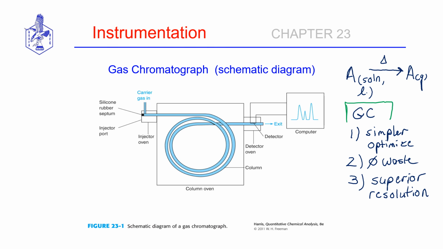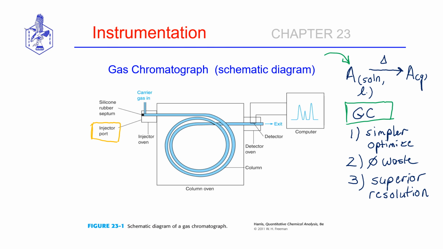All right, so fundamentally, once again, this process has to happen. We have to get our analyte species up into a gaseous form. So what kind of parameters do we have to have within our instrumental components? First and foremost, we need to introduce our sample through an injection port. This is usually with a micro syringe.